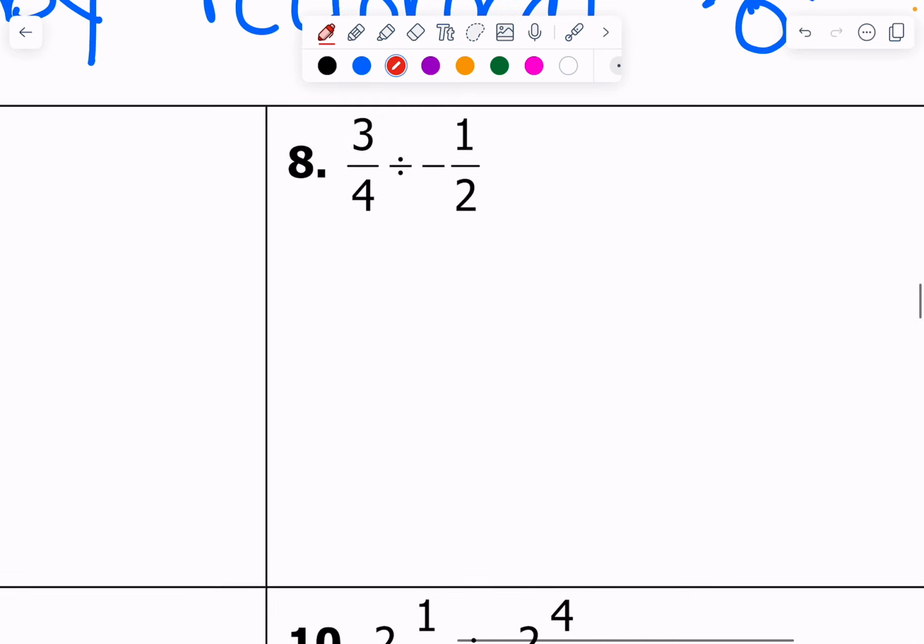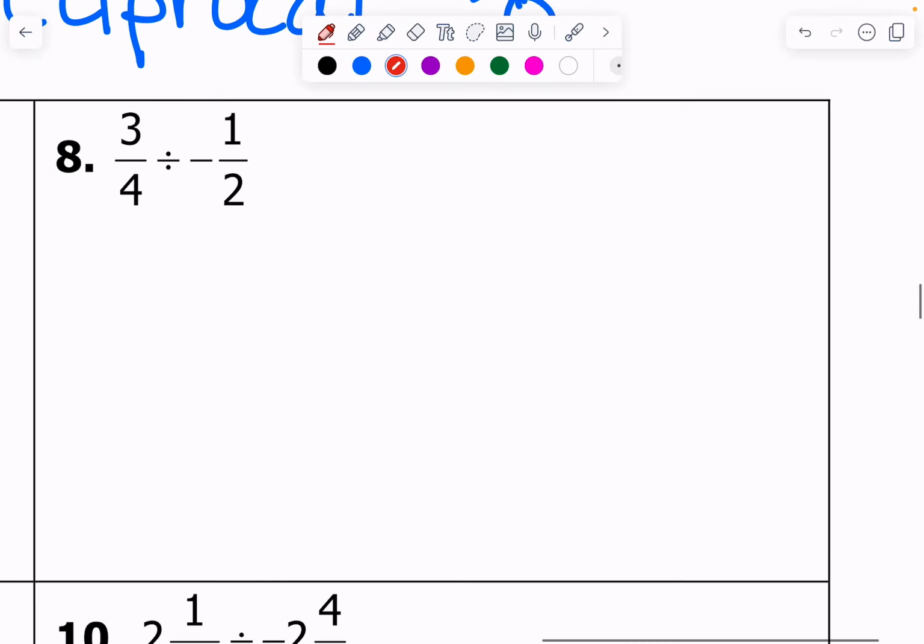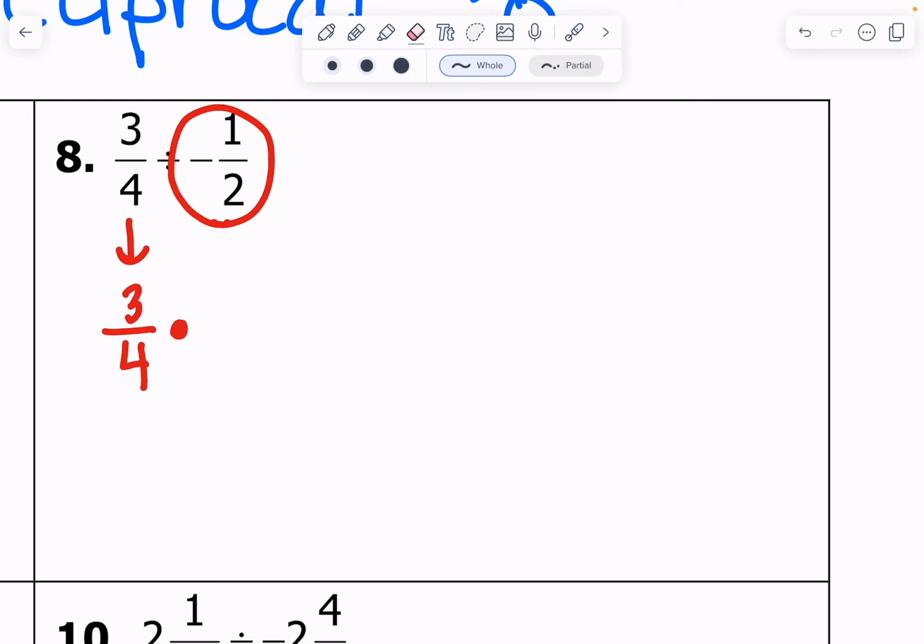Let's try this one. Okay, we are dividing, and dividing means multiply by the reciprocal. So this becomes 3/4. Division becomes multiplication by the reciprocal.